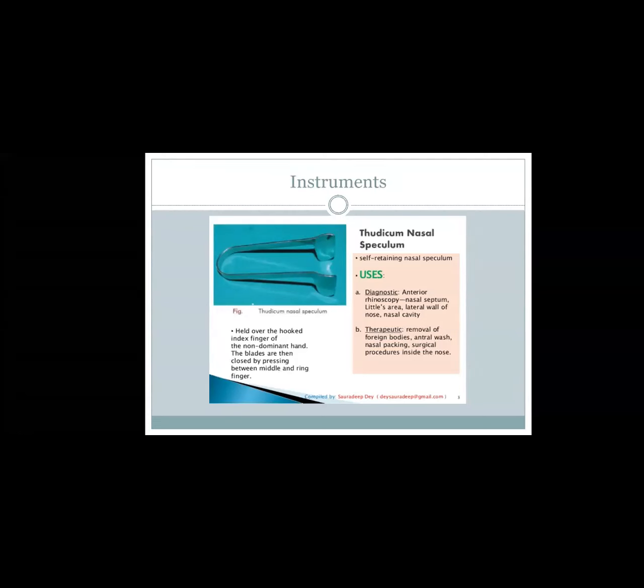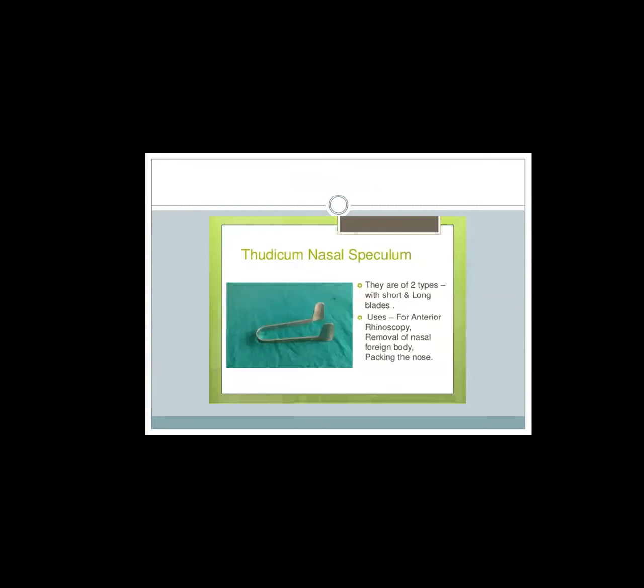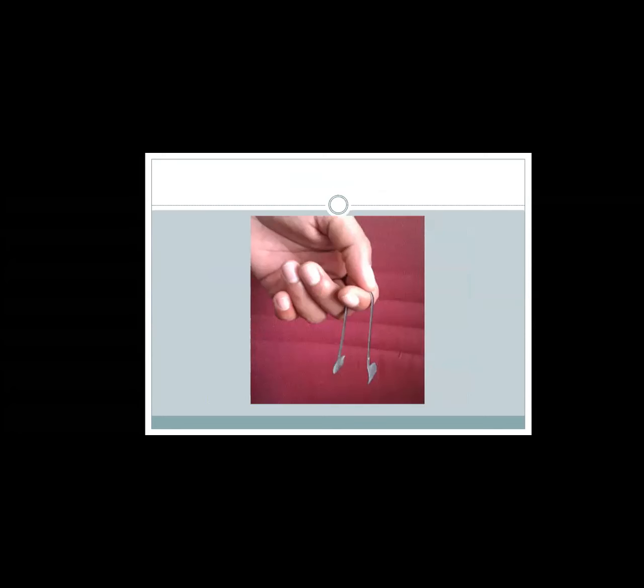So there's a method of how we hold it. That is very important. You just hang it with the index finger. I'll show you. This is how you have to hold it. With the index finger, just hang it like this. They'll ask you in the examination how you will hold it. You should also know about the blades.